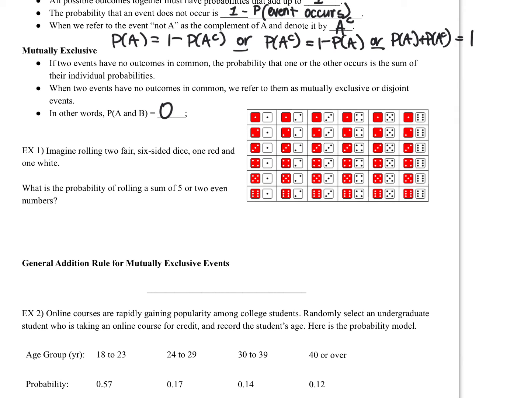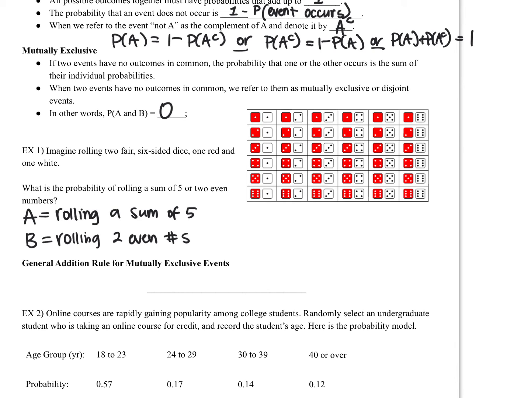I'm going to denote my 2 events. A is going to be rolling a sum of 5, and B is going to be rolling 2 even numbers.